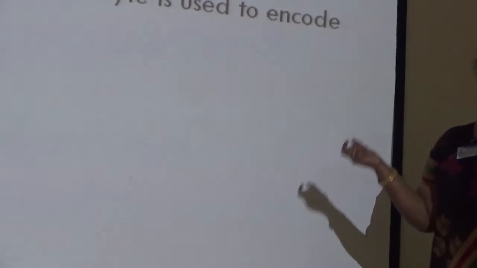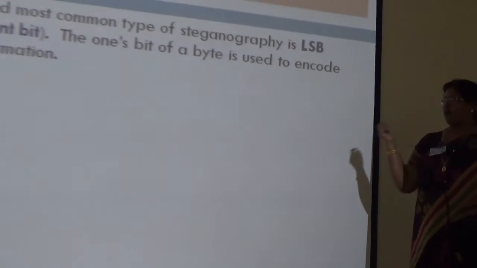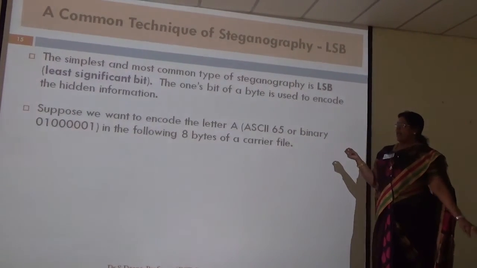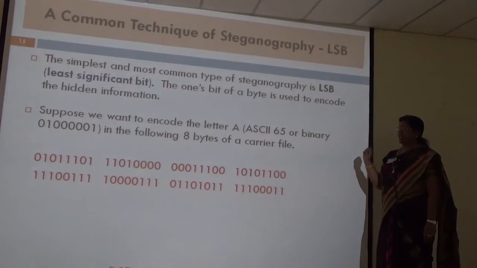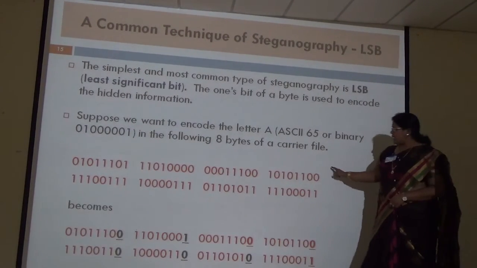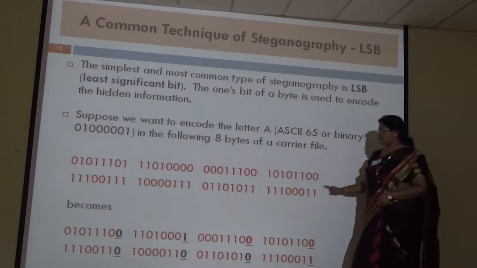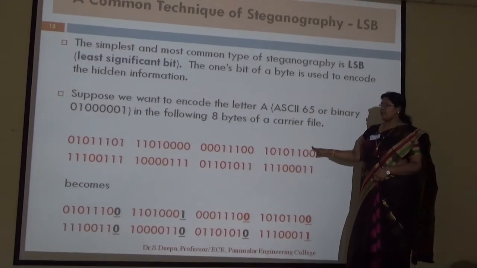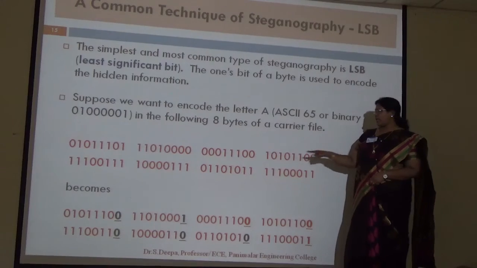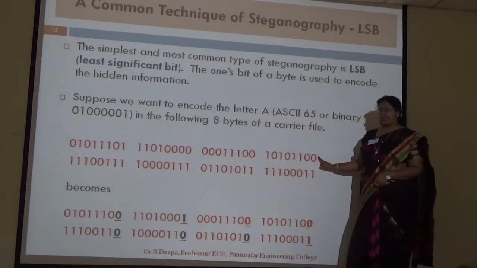One simple example of steganography is a common technique called LSB. LSB stands for least significant bit substitution. Say, for example, this is my cover text or cover image. We know that whether it is text or image, when it is stored digitally, my data is going to be in binary format like this.